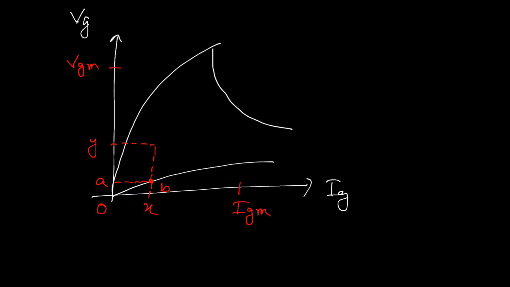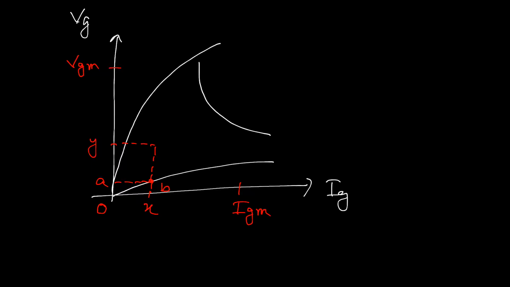Okay, so you can draw similarly like this kind of characteristics, which is called actually the average power dissipation from the SCR.